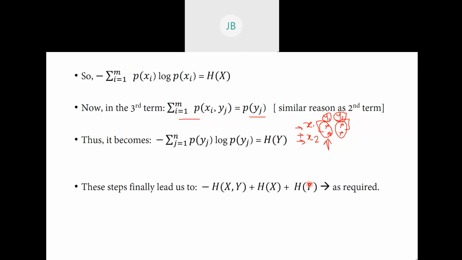So this is what is required. So hence this relationship is proved. That is, the mutual information between x and y is equal to entropy of the input plus entropy of the output minus the joint entropy between x and y.